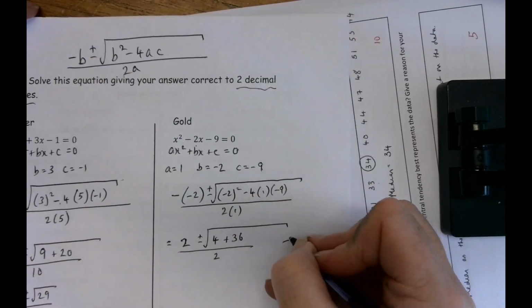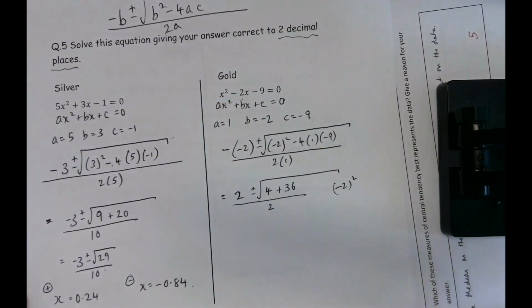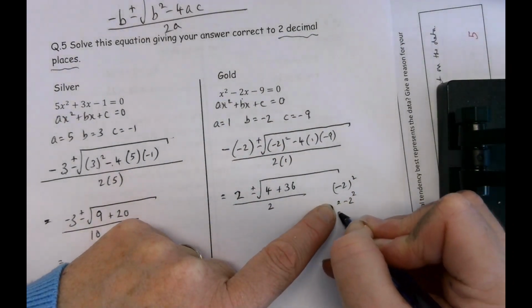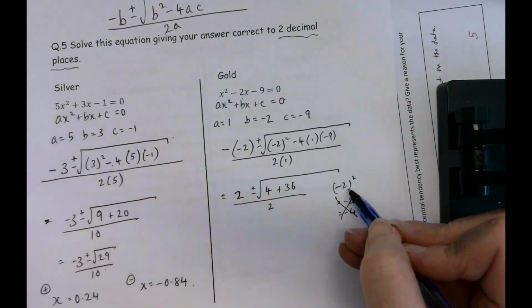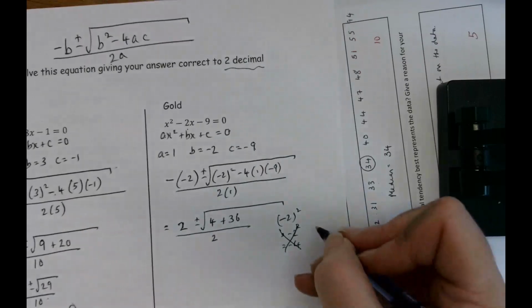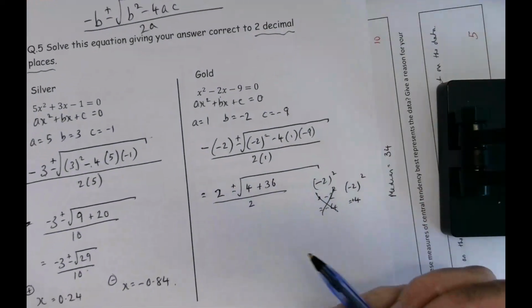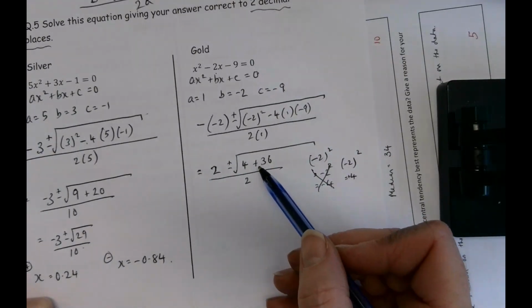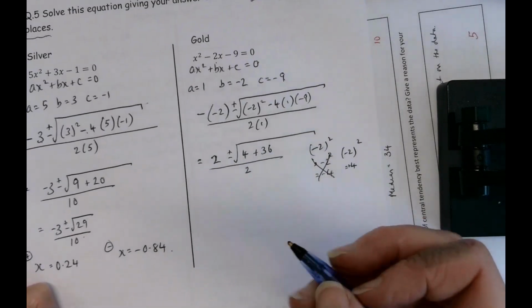Now, minus 2 squared, if you put that in your calculator without brackets, then what you'll find is that the calculator thinks it's minus 2 squared, which is minus 4. So you have to put it in brackets, because then it knows that it's minus 2 all squared, which is plus 4. If you forget to put it in brackets, you may end up with something like a maths error or can't compute type thing, because the calculator will get messed up.